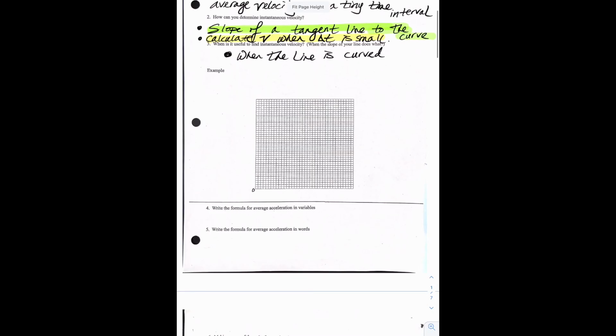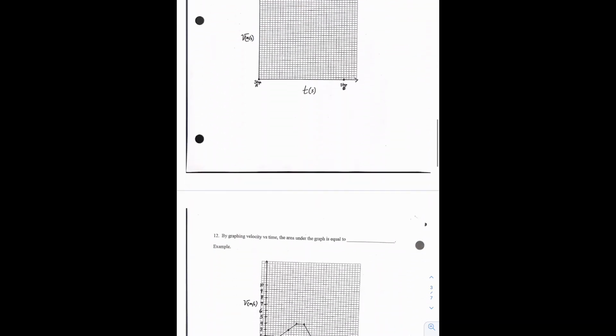All right, so let's go right here to this first graph, and let's go ahead and make a graph. Let's just draw our axis. You obviously can use the graph paper that's already on the note guide, except it's just kind of small.